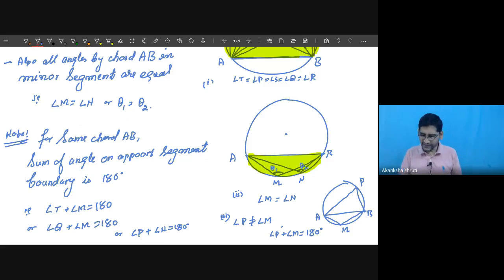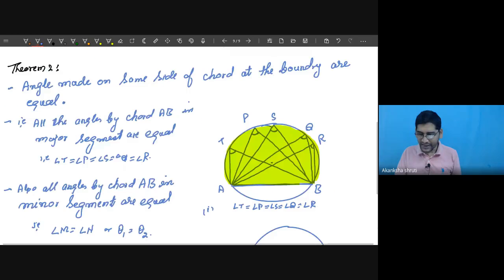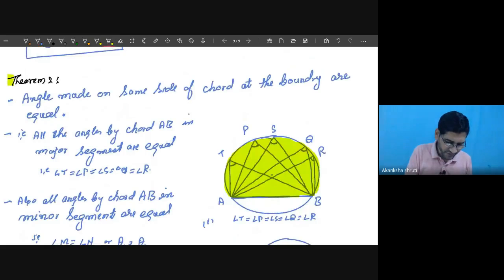So keep in mind, if the angles are on the opposite sides of this chord AB, then their sum is 180. These are the three important points to keep in mind for the angles at the boundary. Considering these two important theorems, we can go for the questions and other understanding.